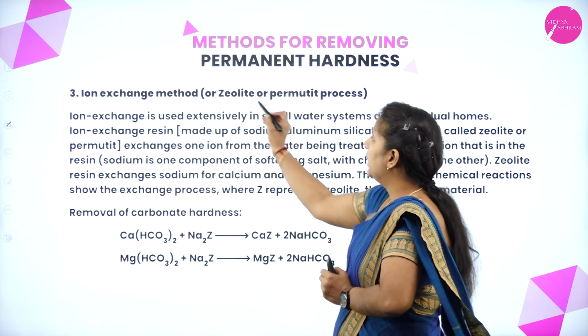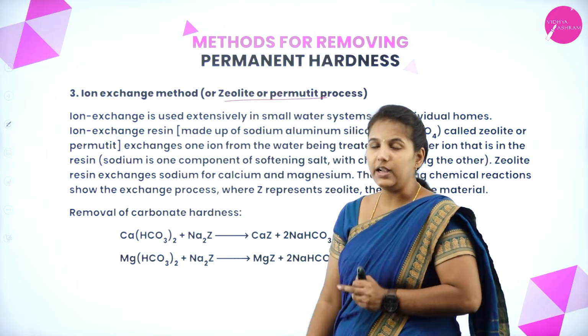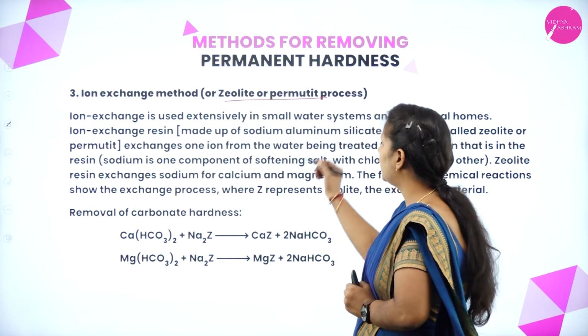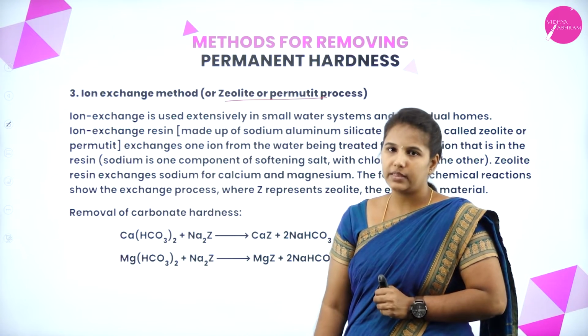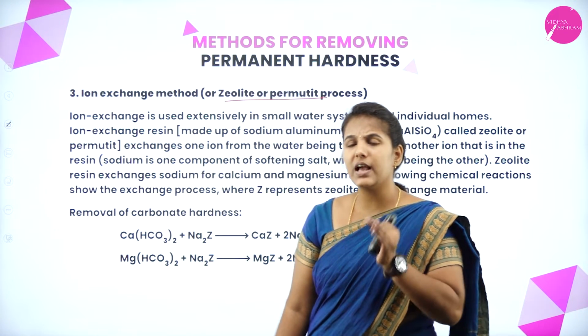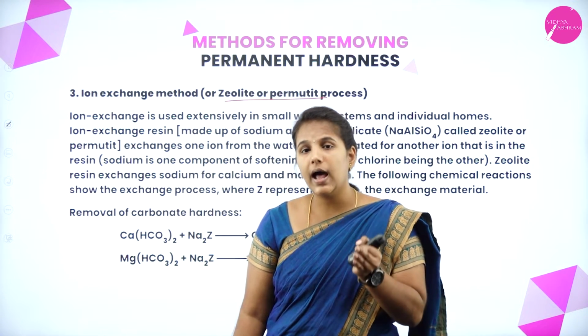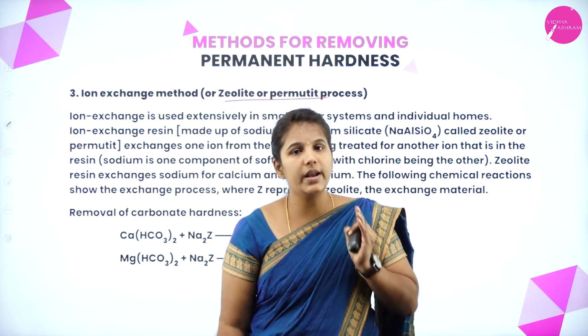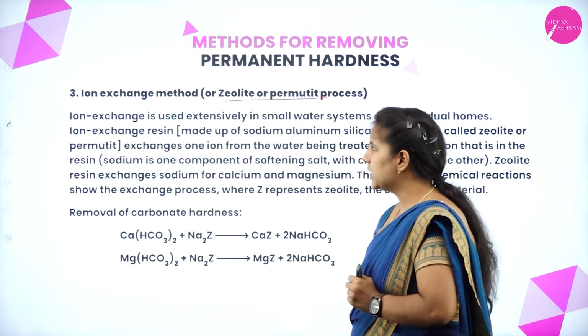In this method, we are using zeolite, and this method is also known as the permutit method or permutit process. Let us see how we remove the permanent hardness of the water by using the ion exchange process.